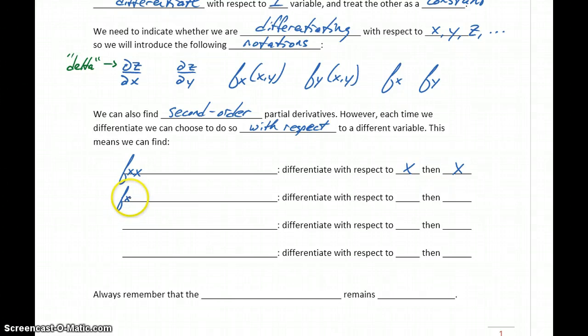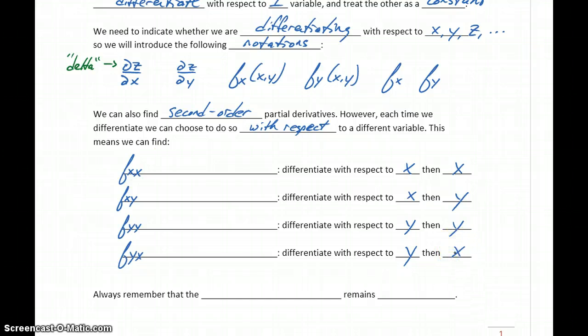We can also find f sub xy. So that would mean differentiating with respect to x, and then differentiating with respect to y. We could find f sub yy, which would mean take the derivative with respect to y, then the derivative with respect to y, or f sub yx, so we take the derivative with respect to y, then the derivative with respect to x.